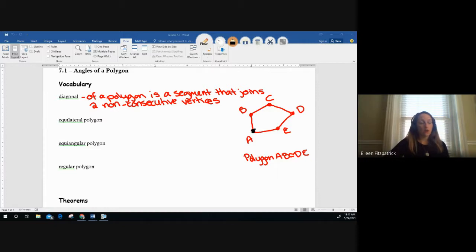Well, the vertices that are consecutive to A are B and E. But if I draw a segment from A to C, that would be a diagonal. And A to D is also a diagonal.